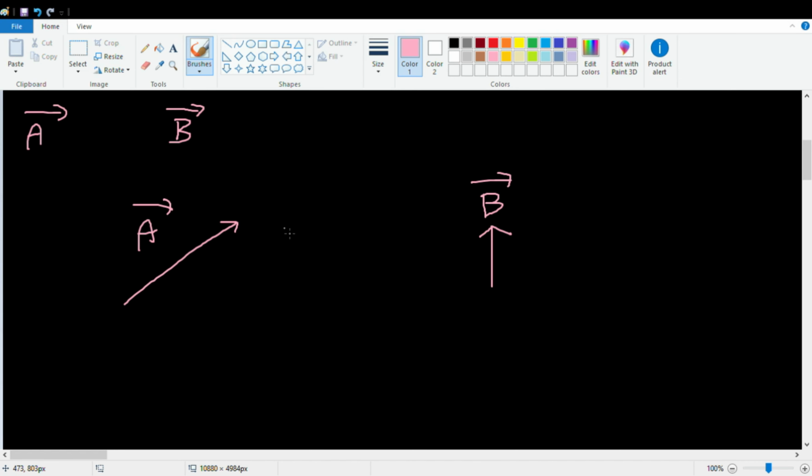If I wanted to add these, we use the tail to tip method, meaning we put the tip of one of these vectors on the tail of the other vector, and then draw out the rest of the triangle. You'll see what I mean. So let's start with vector A, and that's the tip, my bad, the tip of vector A. Let me write it down.